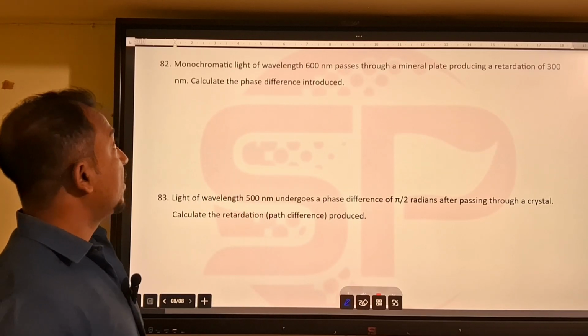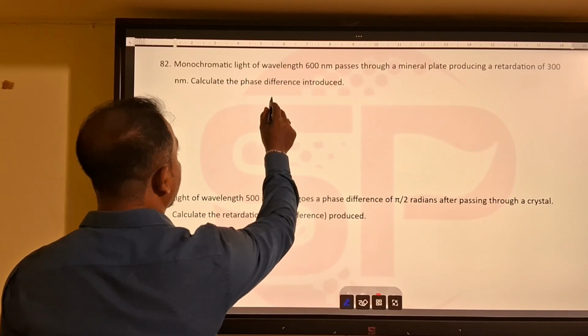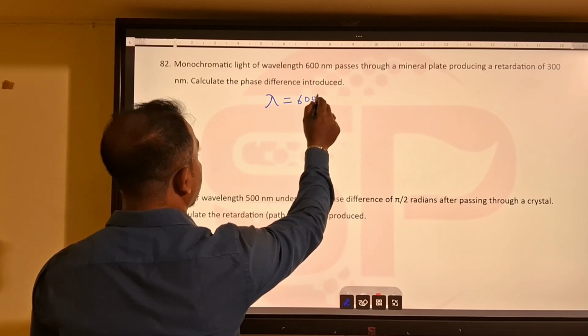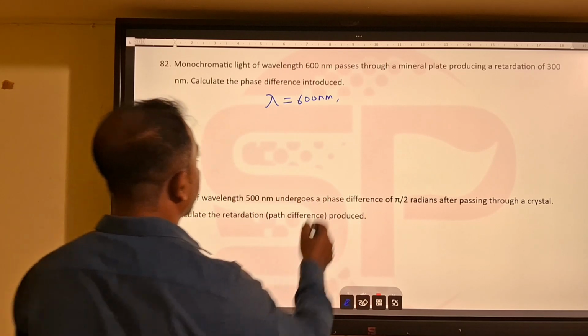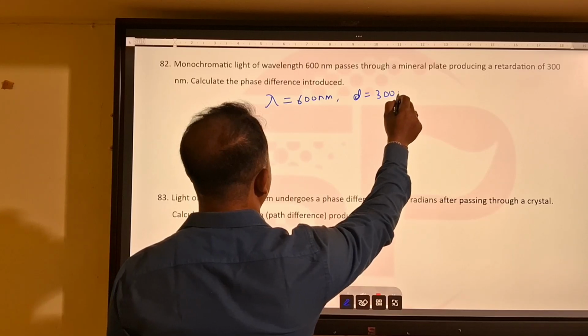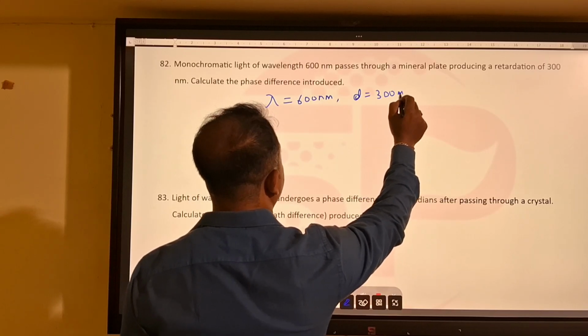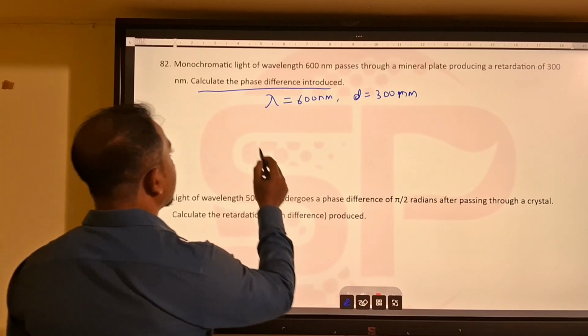So let's solve this problem. The monochromatic light of wavelength 600 nm, so lambda is given 600 nm, producing a retardation of 300 nm. So retardation, that is d, is 300 nm. You have to calculate the phase difference.